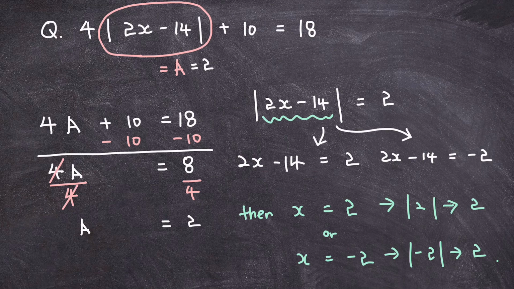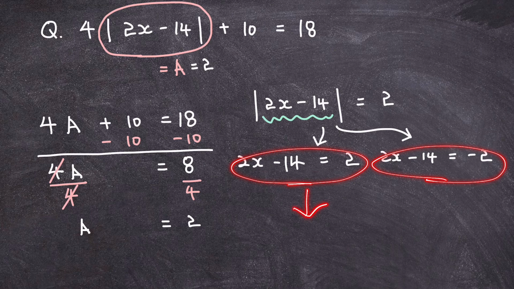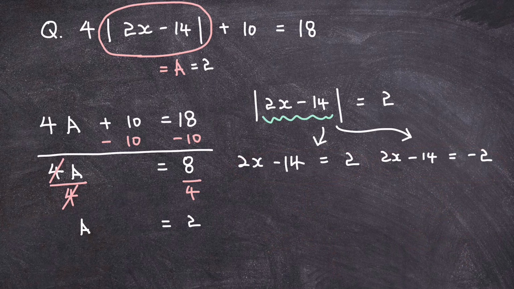So both ways will work. And all there is left for me to do is to solve these two equations separately and solve for x. Correct? So let's go ahead and solve for x in both equations.